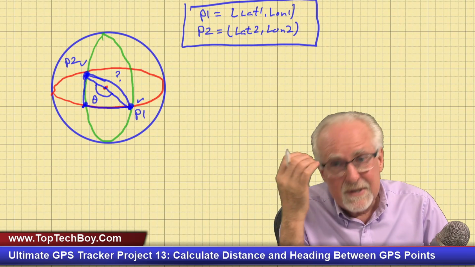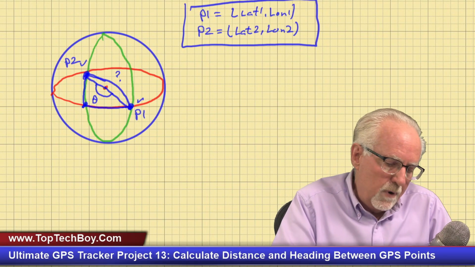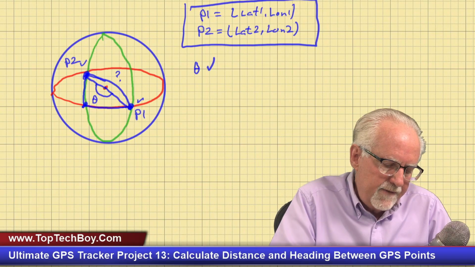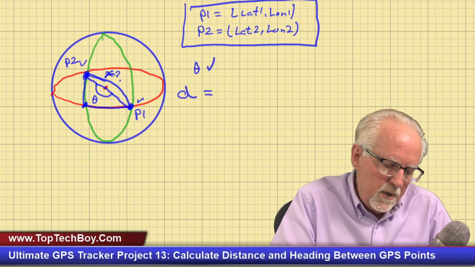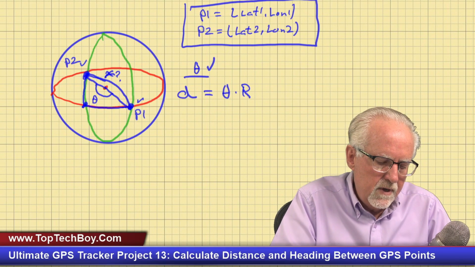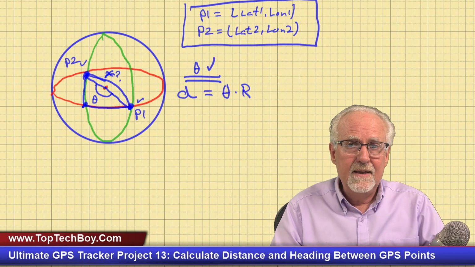And the problem is it's not simple like I had done before. But once I get the included angle, the distance is going to be equal to just that angle times the radius of the earth. So the whole trick becomes how to get that angle.